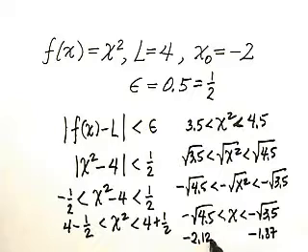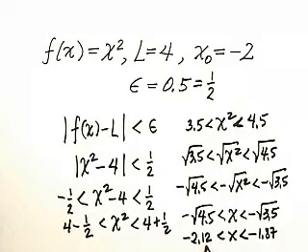And so if we want to be sure that our delta is going to be good enough, if we were to take delta equal to, say, 0.1, our center now is negative 2. Concentrate on that negative 2 for a second.